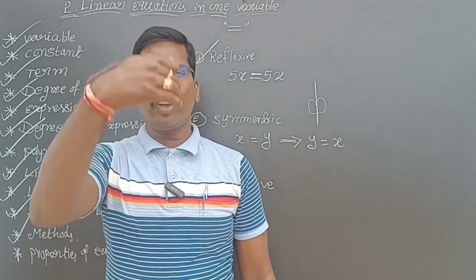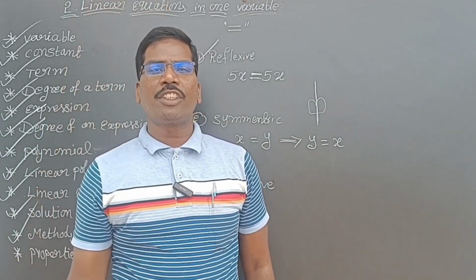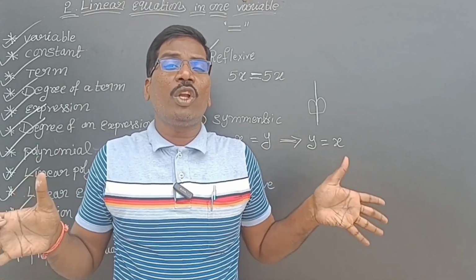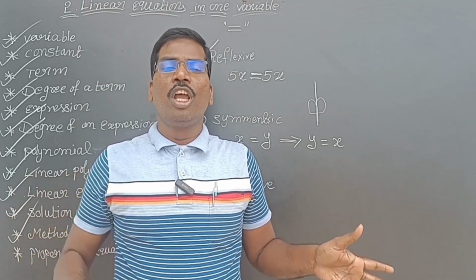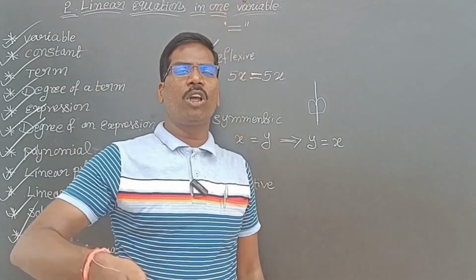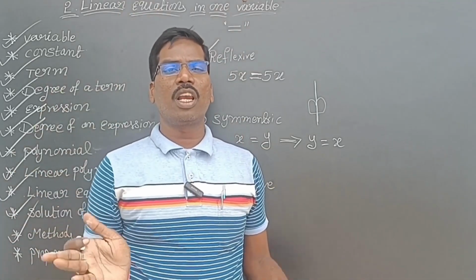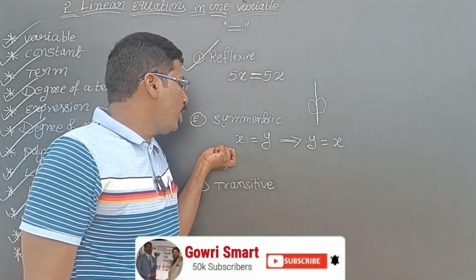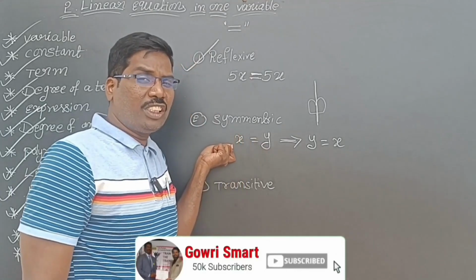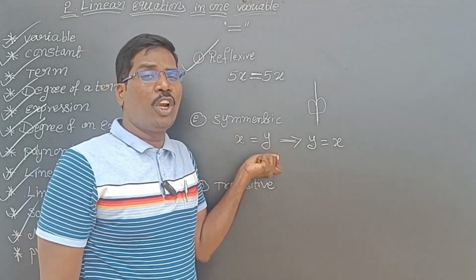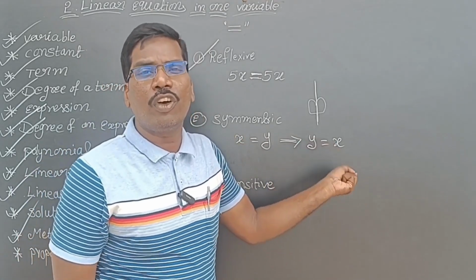Our body is symmetric: if I draw a vertical line, whatever is on the left side and right side is equal to each other. So if the first number is equal to the second number, or the first term is equal to the second term, then automatically the second term is equal to the first term.